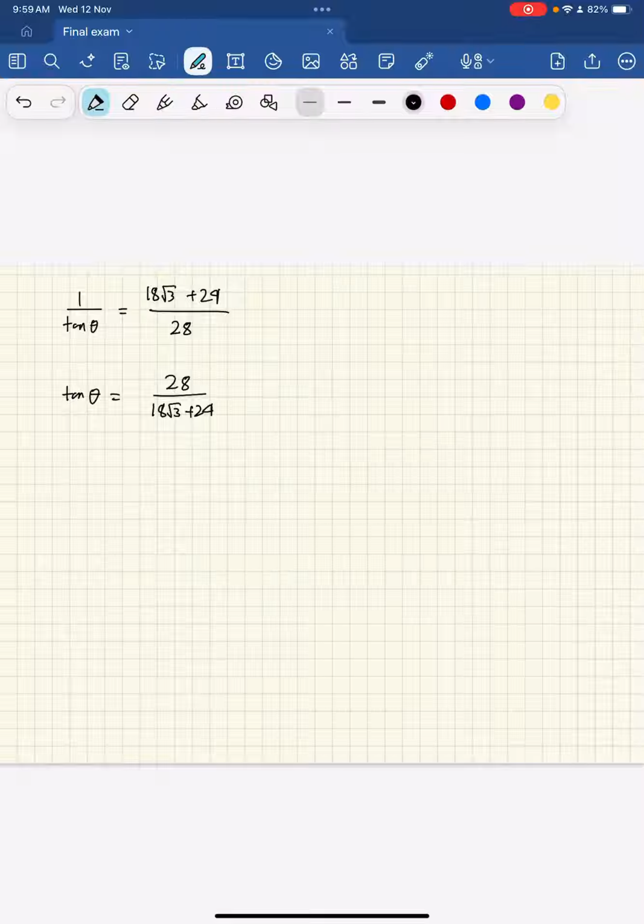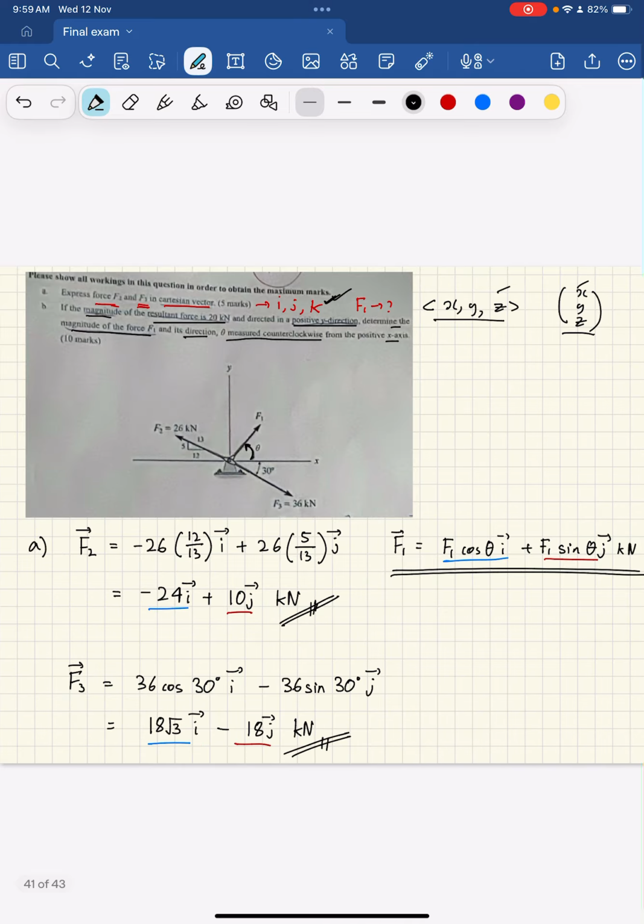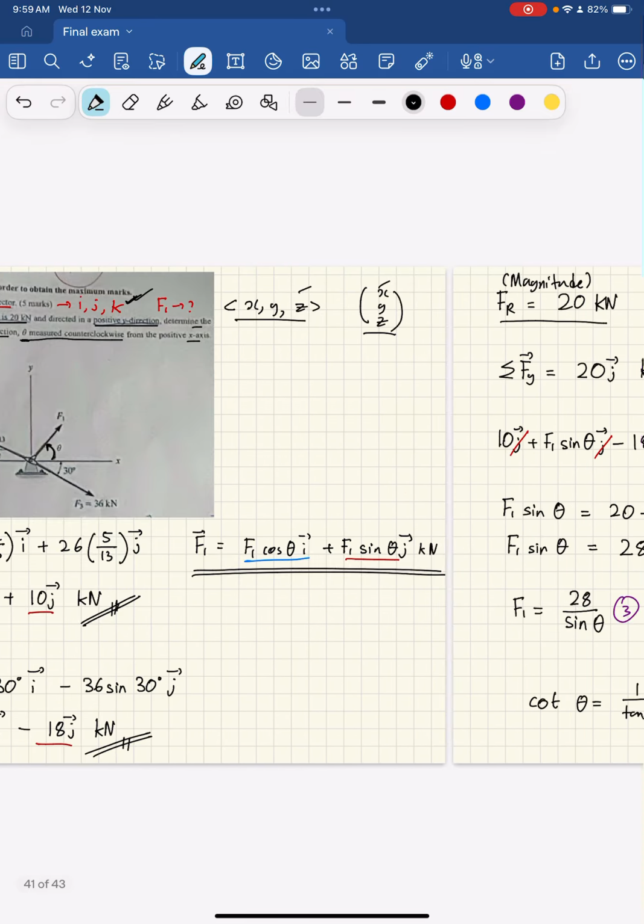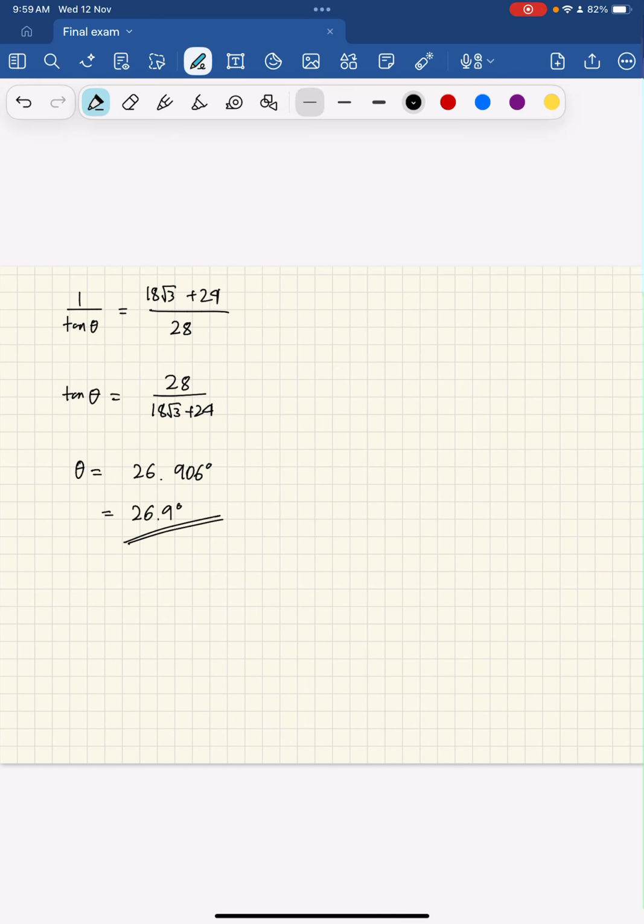Then theta, you do the tan inverse, and you get 26.906. I know that's 3 decimal places, but usually for angles we write 26.9 degrees, and I believe that's what they're asking for. So your theta is 26.9 degrees.